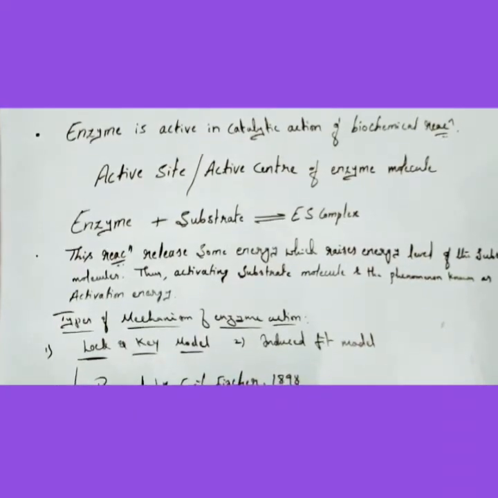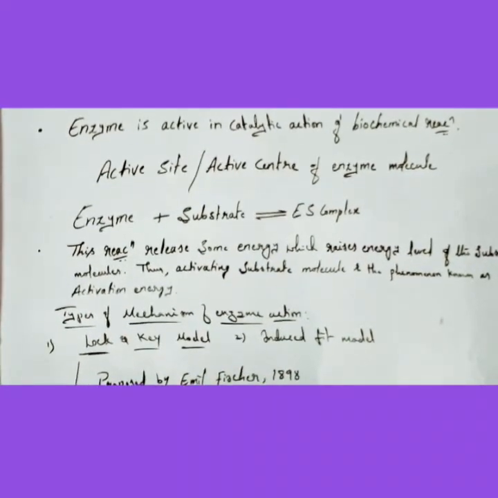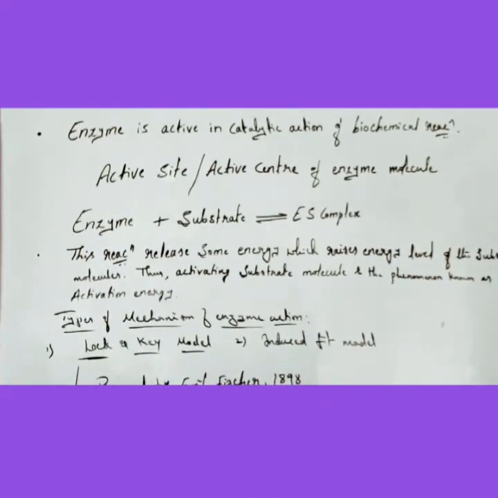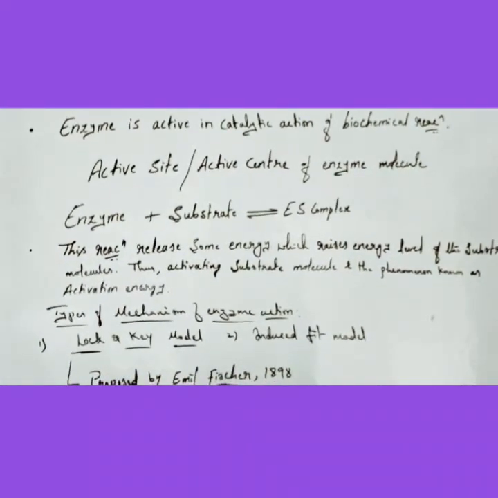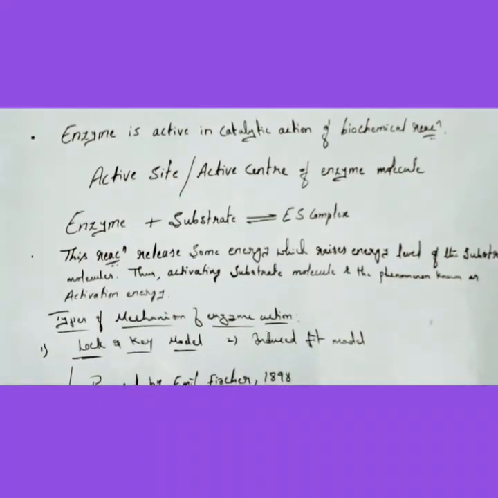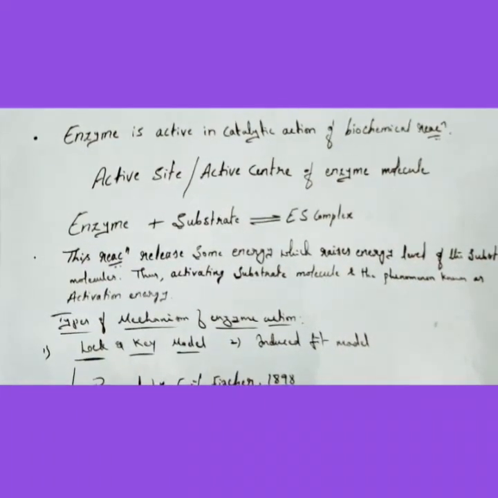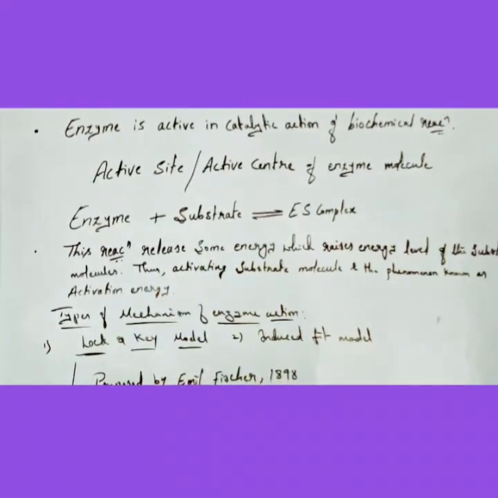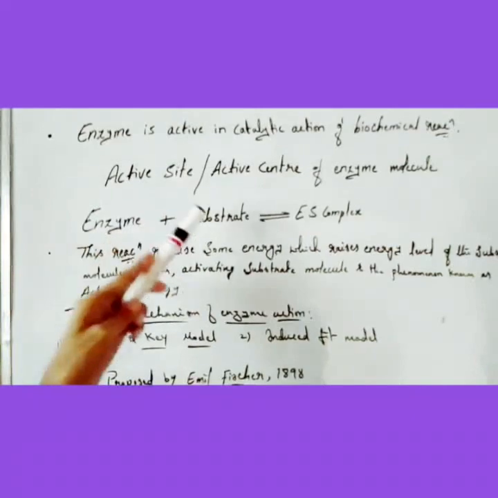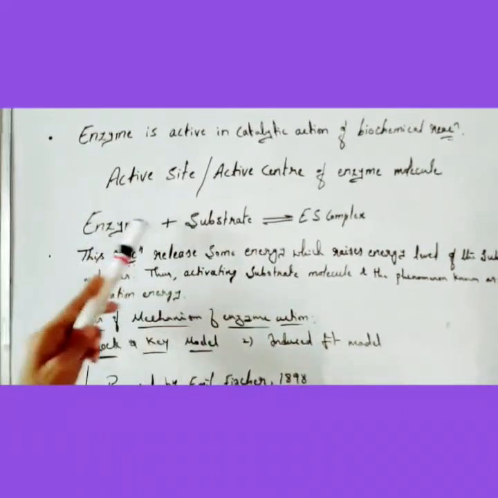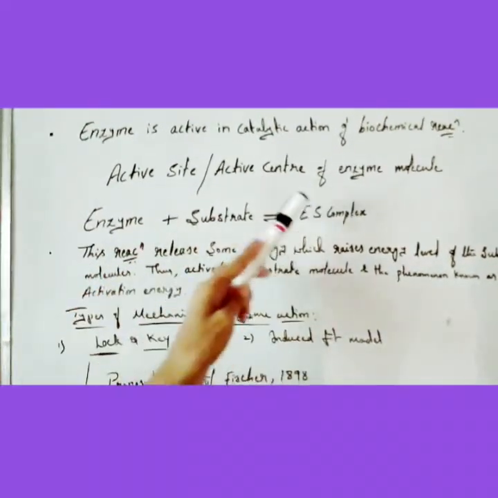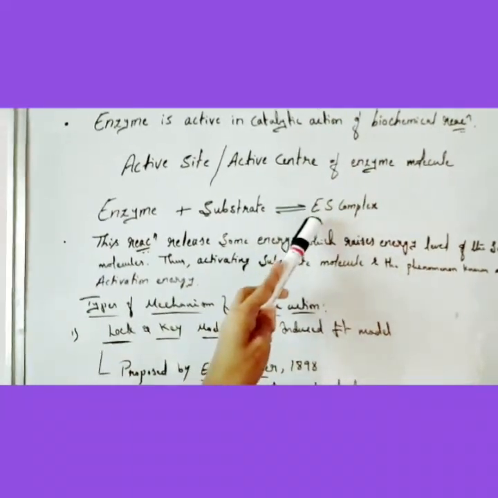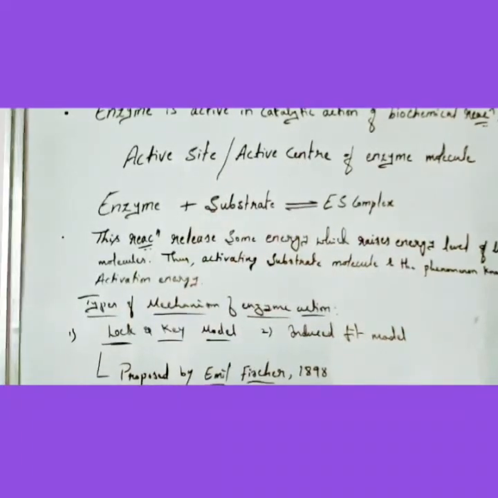The active site of the enzyme has some special groups such as the NH2 amine group and COOH carboxylic group, which bind the substrate to form an intermediate compound that is called an enzyme substrate complex.